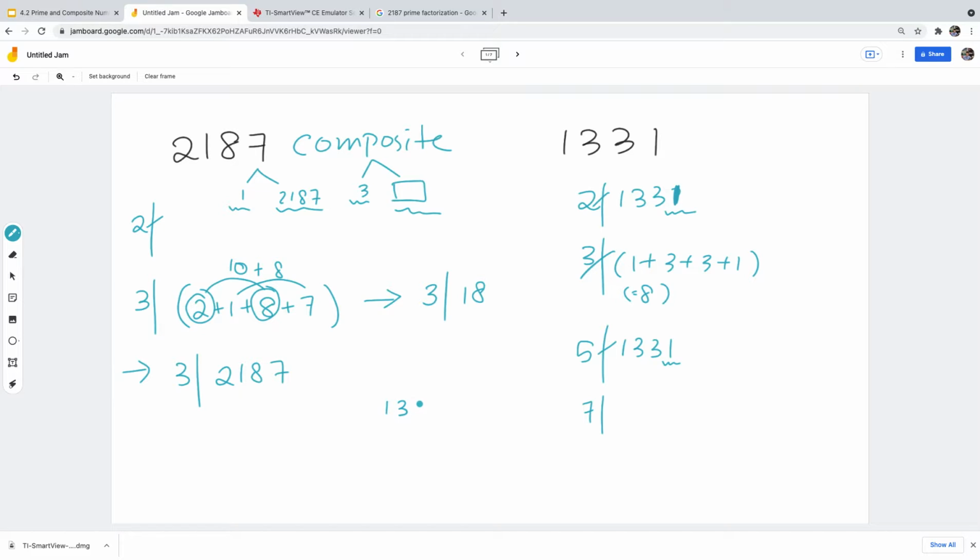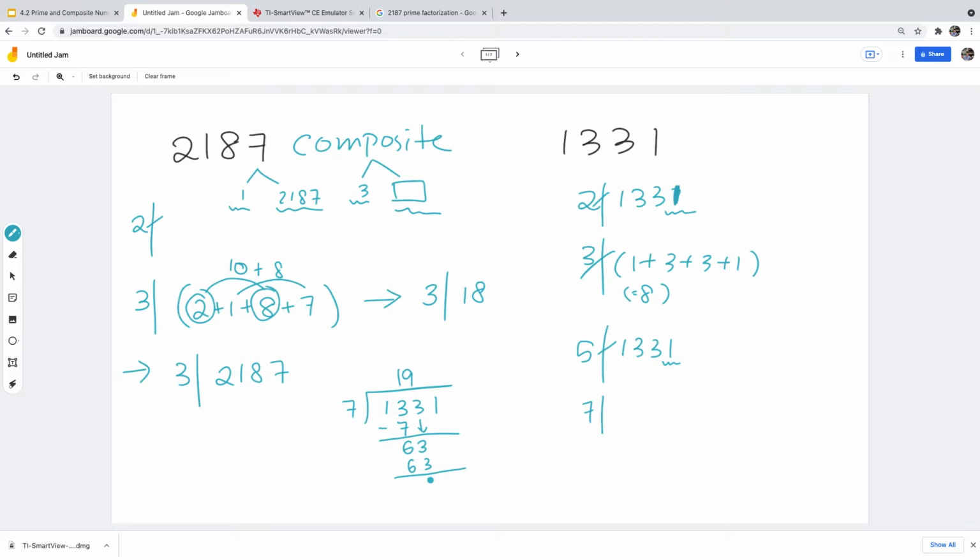Then 1331 divided by 7. One number goes into 1, nothing. So let's look at the first 2 digits. 7 times 2 is 14, which is too big. So 7 times 1 is 7. Subtract and you get 6, and you can drop that 3 down. We have 63. So 7 times 9 is 63.